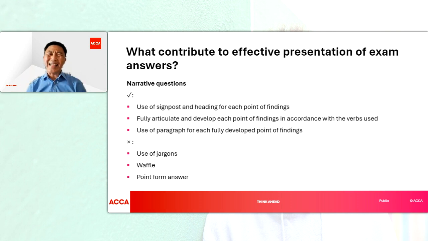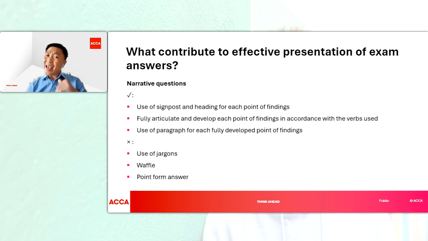Instead, ensure the content of the answer is of quality, ensuring every paragraph that you put in is addressing what the question is talking about, instead of putting in lots and lots of your working experience and thoughts that may not be as relevant as what the question is asking. So try to avoid waffling.